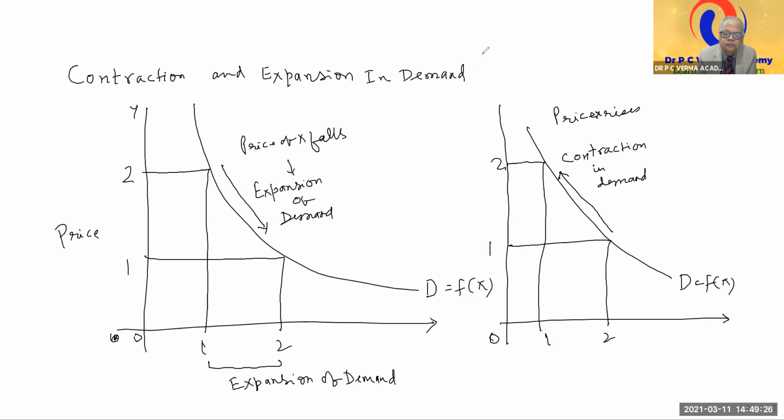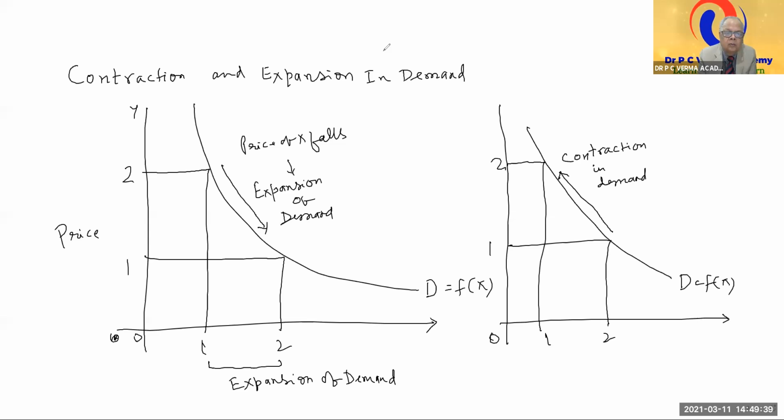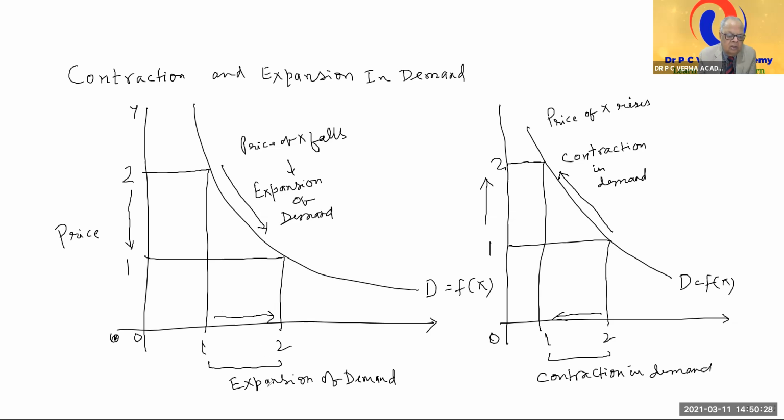Price of X rises, this is called contraction. Here price falls, this is expansion.